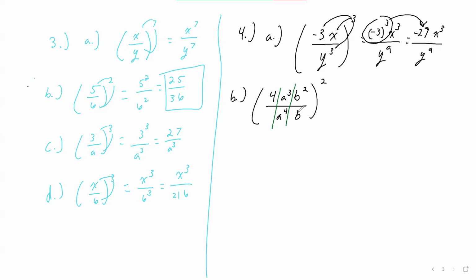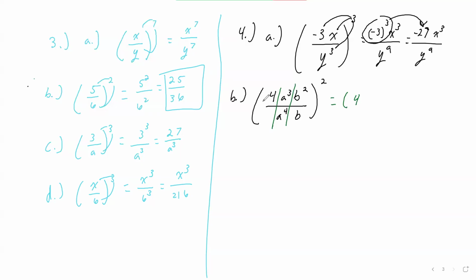I'm going to do what we did in 12.1 when I pretend the square's not there. This is back to a 12.1 division problem. I'm going to simplify the coefficient, I'm going to simplify the a, and I'm going to simplify the b. So in this case, 4 is not being divided by anything, so it's just going to be a what? A 4. So I'm going to keep my parentheses and 4.